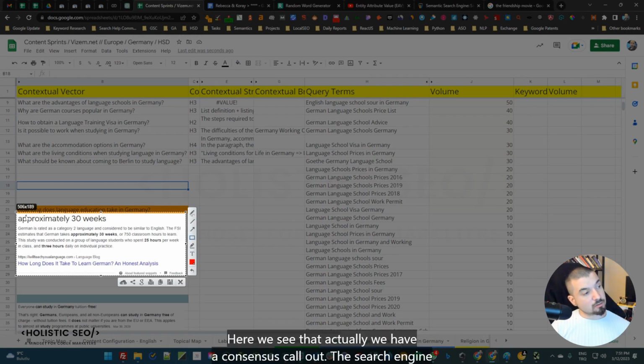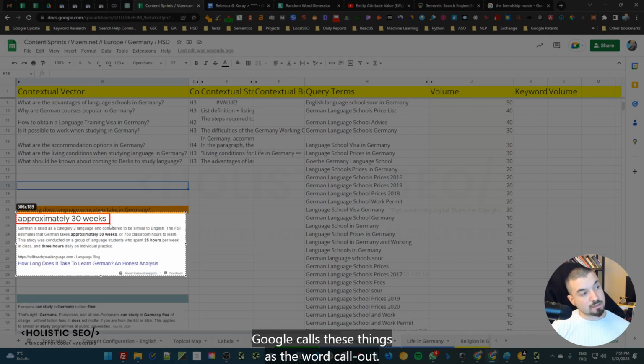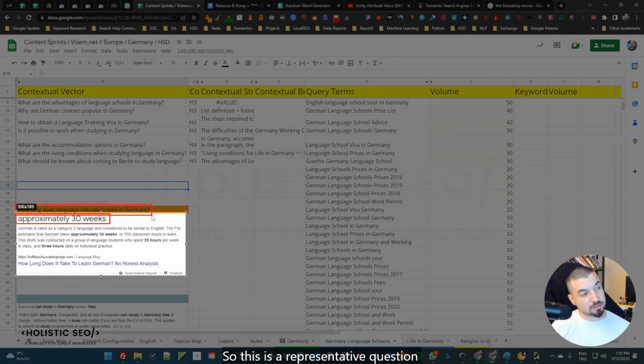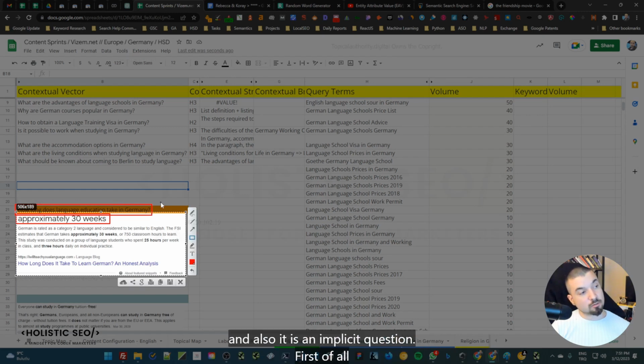Here, we see that we have a consensus callout. Google calls these things word callouts, but since it represents a consensus, I try to use the term consensus callout. Then the question asks how long does language education take in Germany? This is a representative question, and also an implicit question.